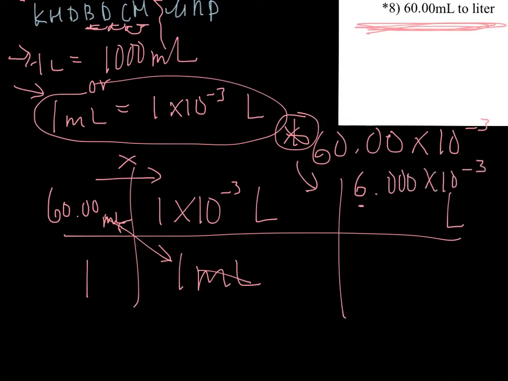I need to make sure I have 4 significant figures, 1, 2, 3, 4 in my answer, because that's what I started out with. I started out with 1, 2, 3, 4 in my original question. So my answer has to be in 4.